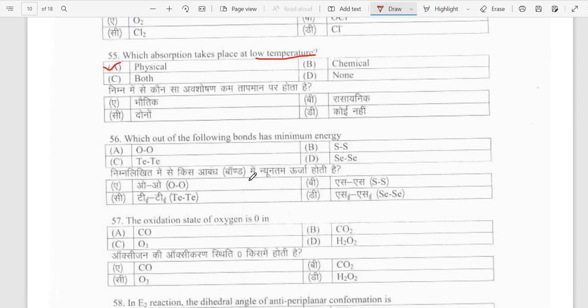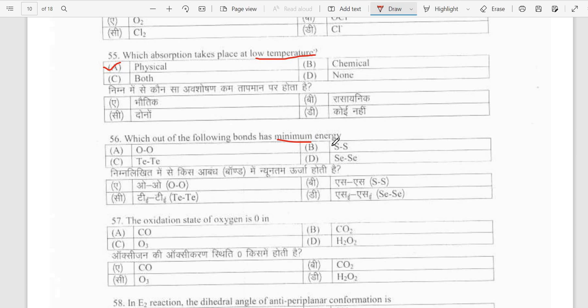Which of the following bonds has minimum energy? Minimum energy, not maximum. Oxygen-oxygen, selenium-selenium, tellurium-tellurium, and selenium also. Which of the bonds has minimum energy? How do we know which one has the minimum energy? First, the answer: option C is the correct one. Why this one?